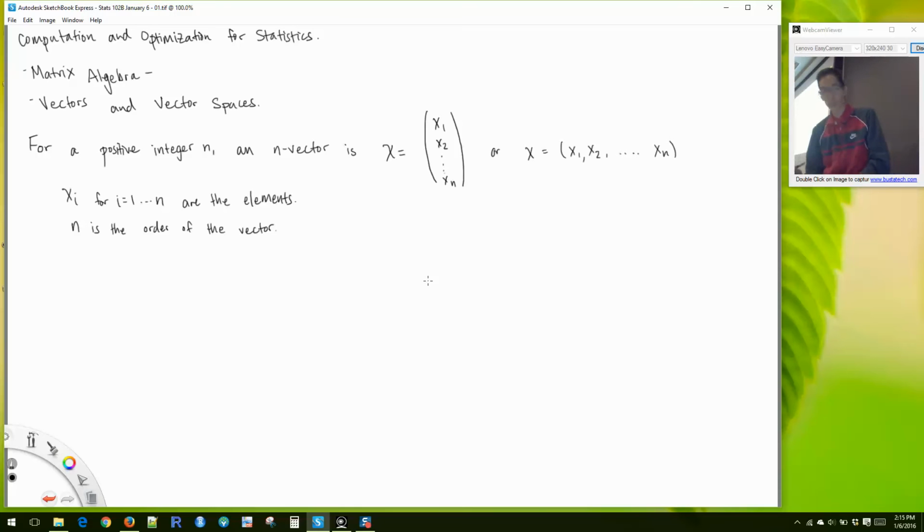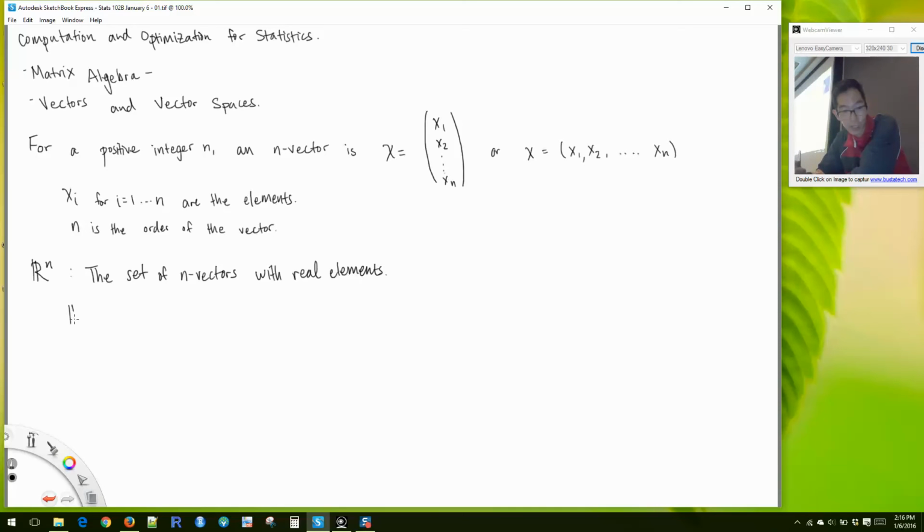And so this is the set of n vectors with real elements, the real space, R^n.